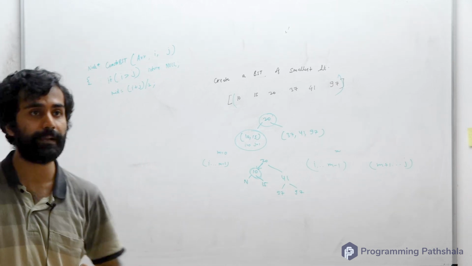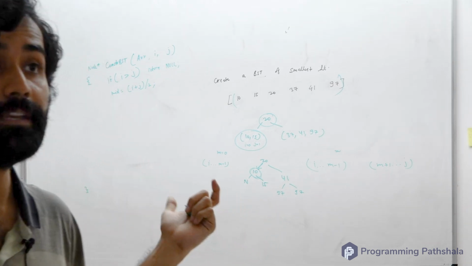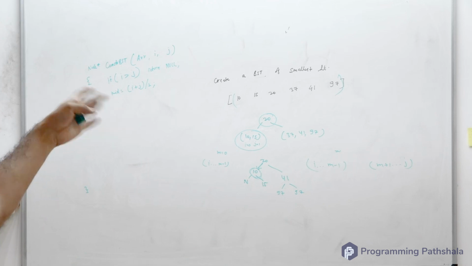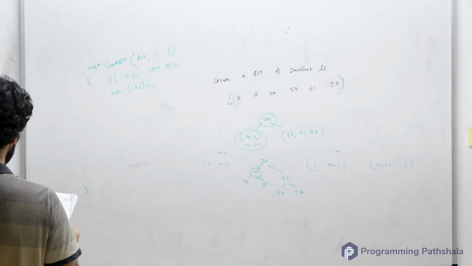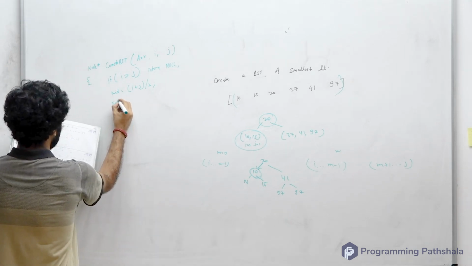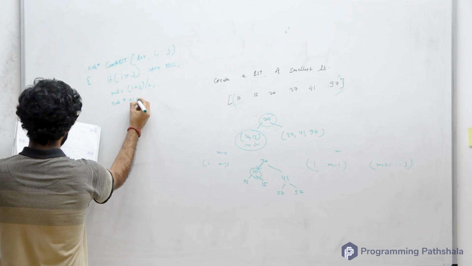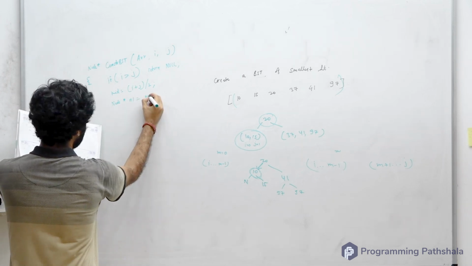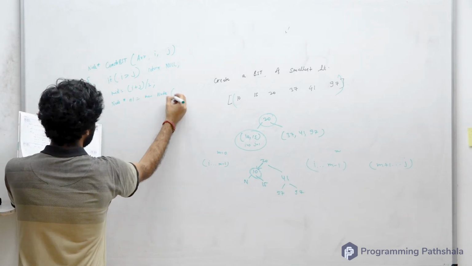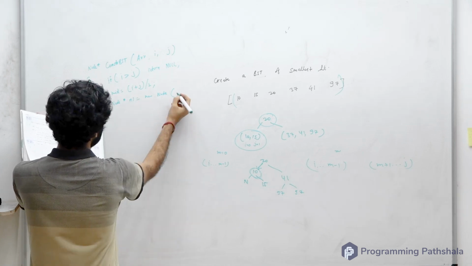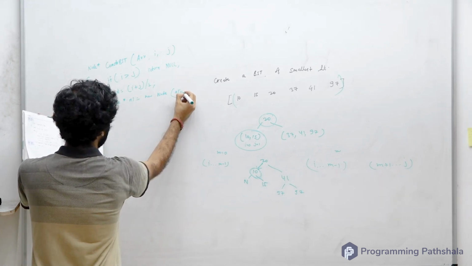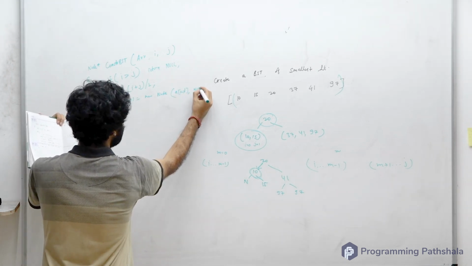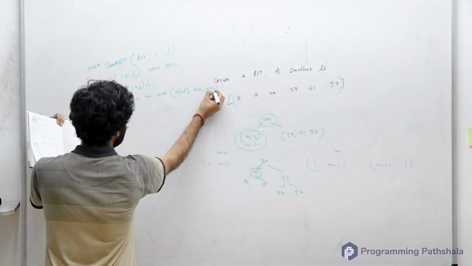After figuring out this mid, you want to create a new node with the value array of mid. So you want to create this new node, node star n1. Okay, and let's say you created it, new node, and you passed the values to it. The values are array of mid, and you initialize the left and right pointers as null, null each.